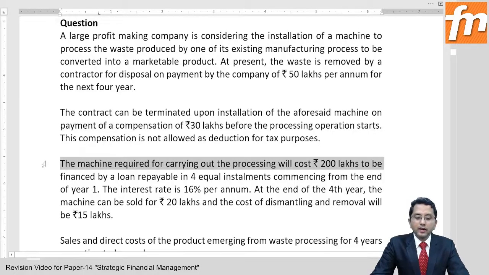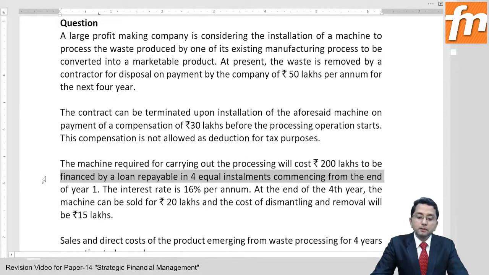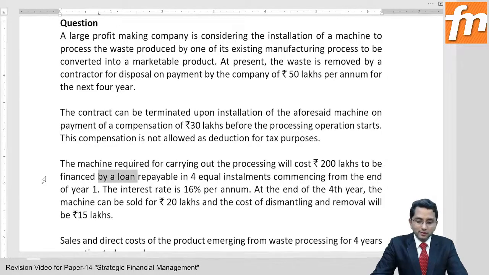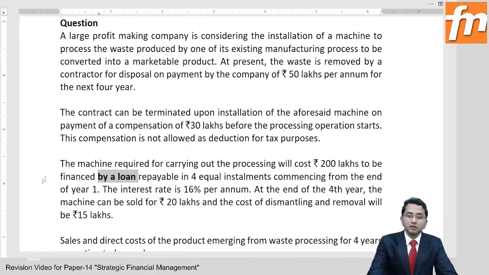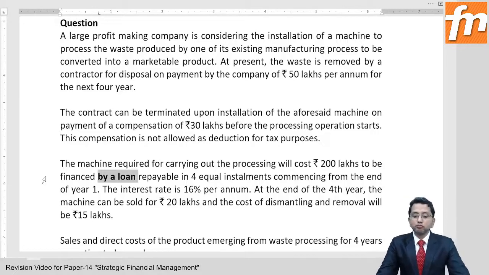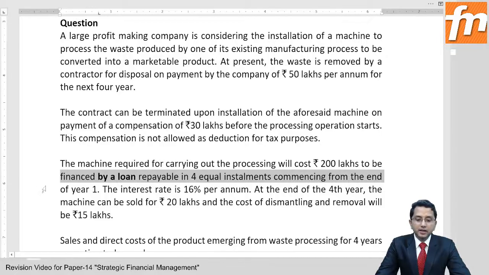The machine required for carrying out the processing will cost rupees 200 lakhs. Outflow of 200 lakhs at year 0 to be financed by a loan. The question does not specify the amount of loan. So let's assume that the loan amount is also 200 lakhs. Repayable in 4 equal installments commencing from the end of year 1.